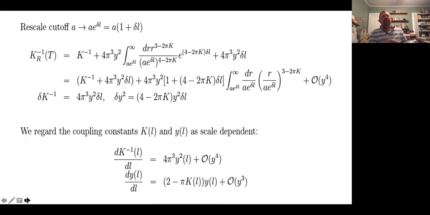And the change in the fugacity, dy by dL, is equal to 2 minus pi k of L times y of L plus terms of order y cubed.